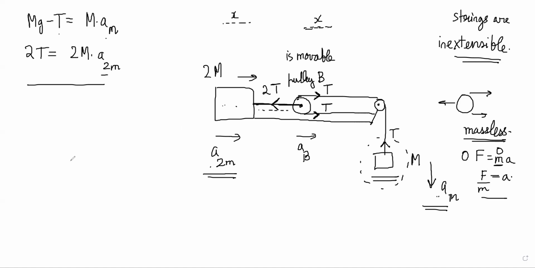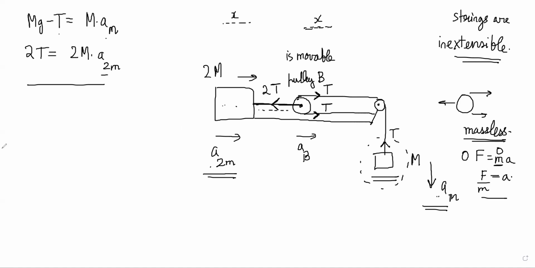Because in this situation, it's not like both the bodies are completely free of each other. They are connected to each other with some pulley system, so there will be some link between their accelerations. And that is what we have to figure out here.